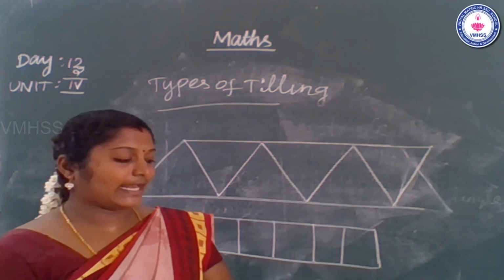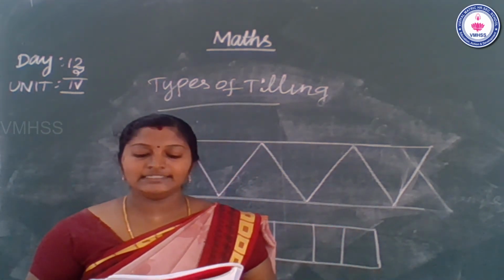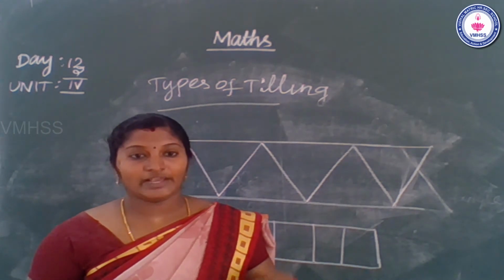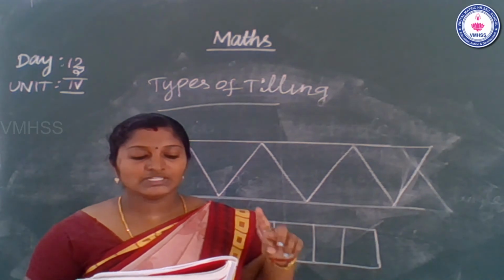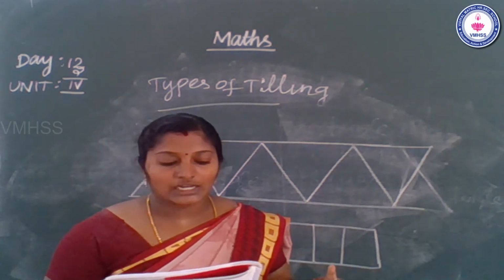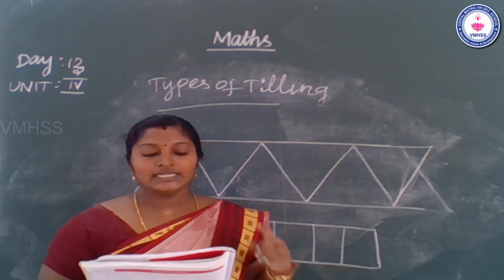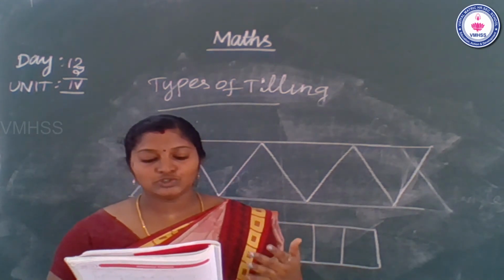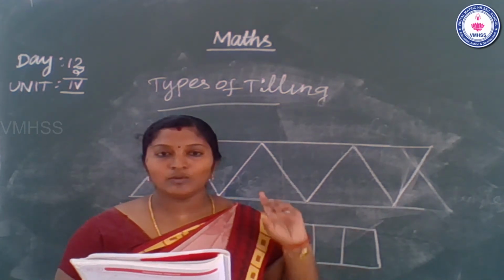Okay, so today we will learn tilling time patterns. First one, time pattern: observe the time pattern and extend it to fill the last clock. First we observe the time pattern. The time shown in the first clock is 12 o'clock. The second clock shows 1, it increases by 1.